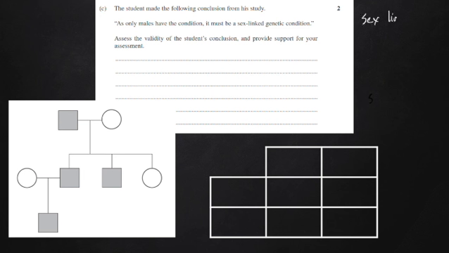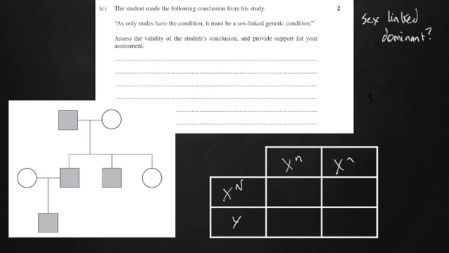What if it's sex-linked dominant? Let's see if the pedigree matches the Punnett square here. So sex-linked dominant, the father has it, so he must be X, capital N, and a Y. The mother doesn't have it, so if it's sex-linked dominant, she must be X, n, X, n.